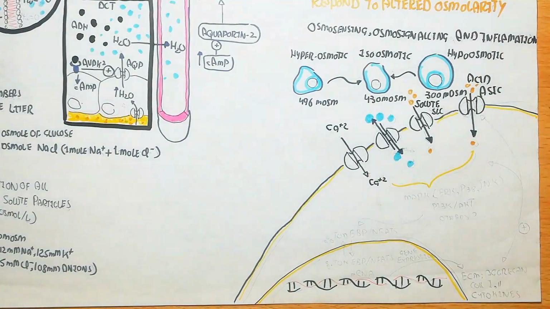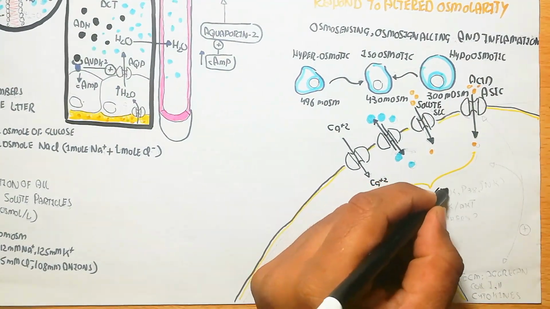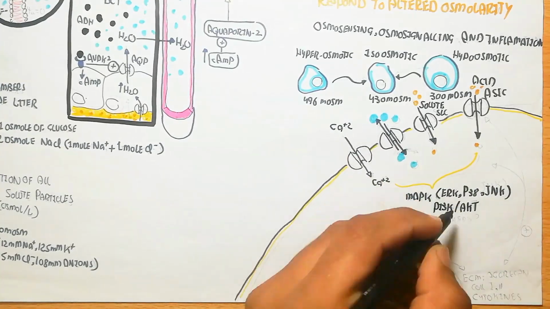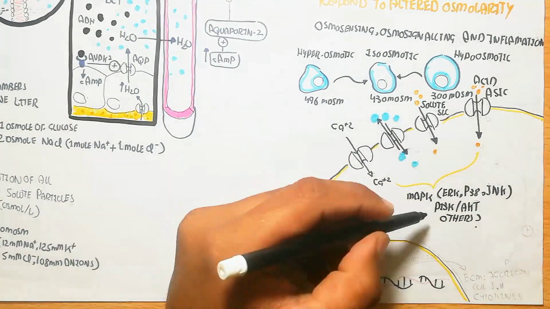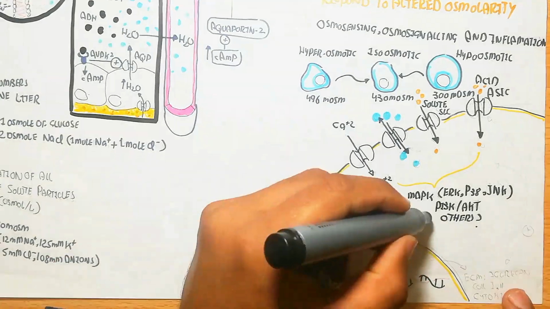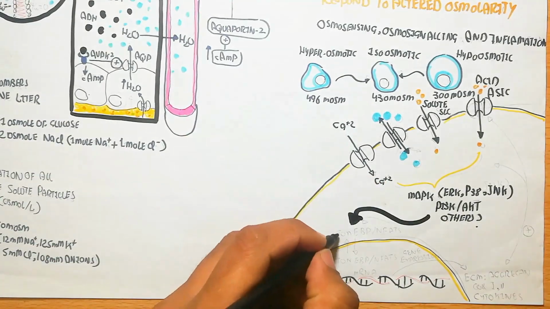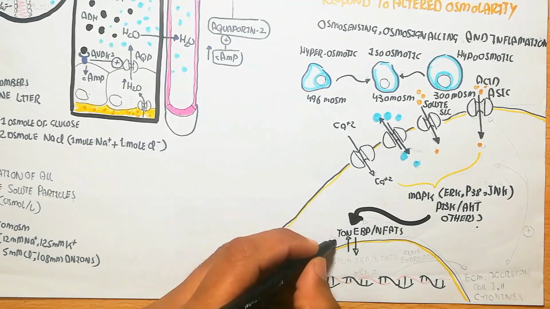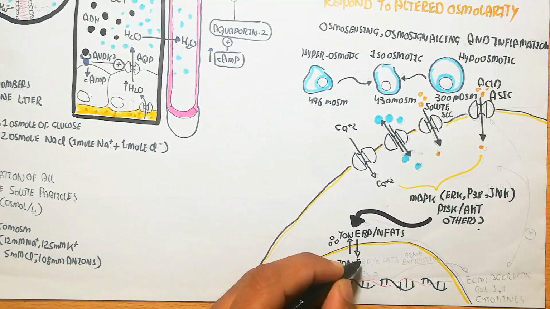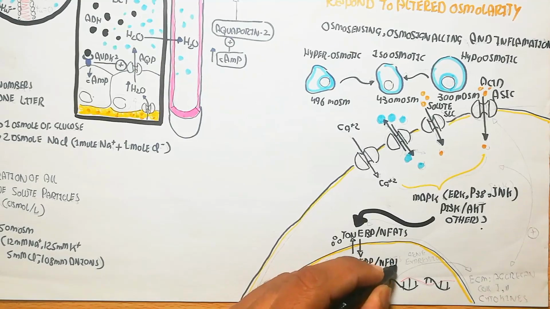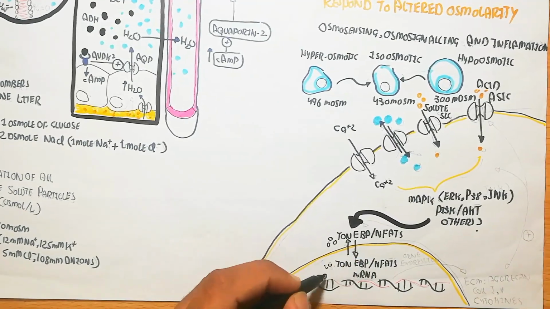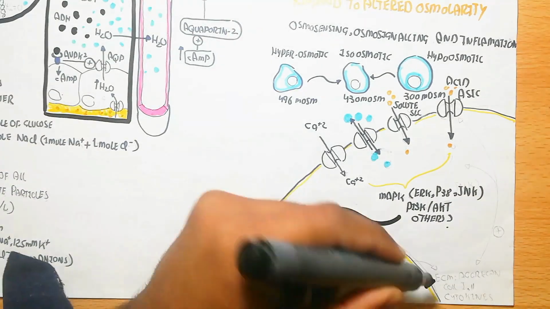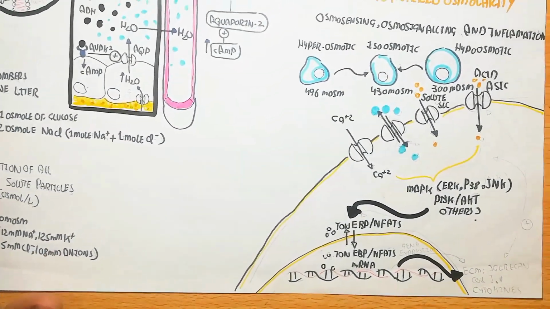All of this, with solute entering into the cell, will trigger the MAP kinase pathway, ERK and P38, the Janus kinase pathway, and the phosphoinositide 3 and AKT pathway, and others, which activate TonEBP and NFAT, allowing transcription of genes, known as gene expression.